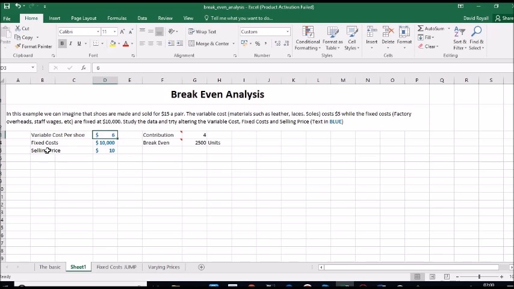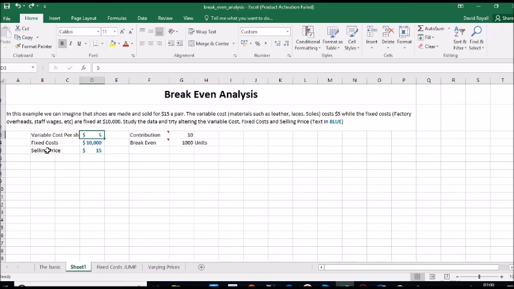Let's suppose that competition squeezes us even more and we have to sell the shoes at $8. Getting harder and harder to break even. If the variable costs were to go up, we cannot make a profit ever. In other words, if there's no contribution, you cannot make a profit.